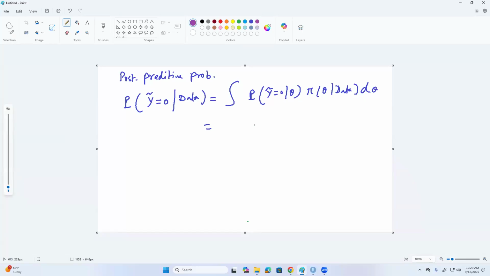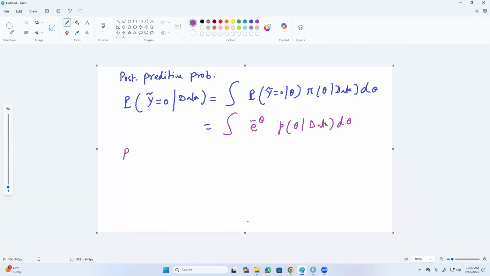So given theta, what is the probability that the new observation is 0? It is e to the power minus theta, theta to the power 0 over 0 factorial, which is simply 1. So I just write e to the power minus theta and pi theta given data, d theta. This is the posterior predictive probability that a new observation is 0.